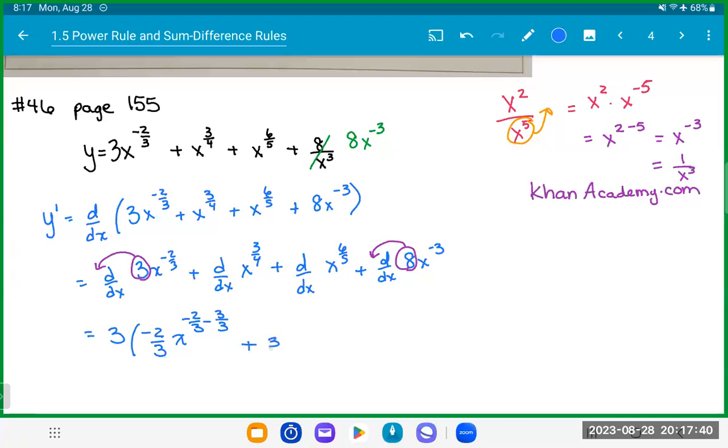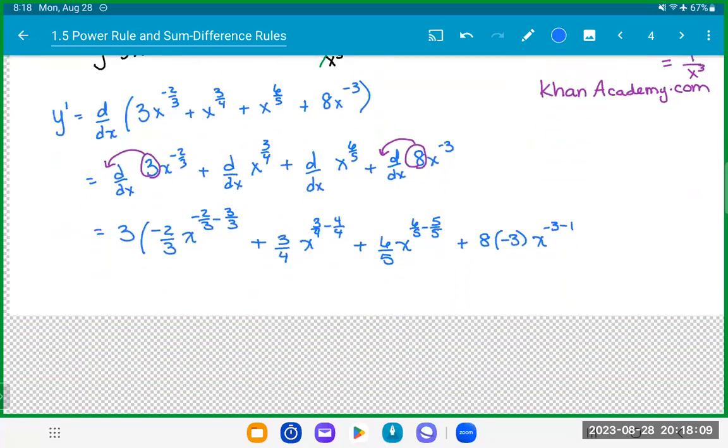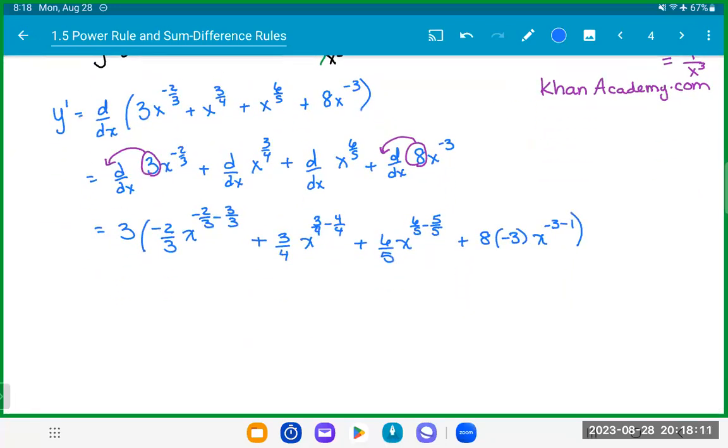We have plus 3/4 x, we have 3/4 minus 4/4, plus 6/5 x, and then we have 6/5 minus 5/5, plus 8 times negative 3 x to the negative 3 minus 1. Any questions so far?